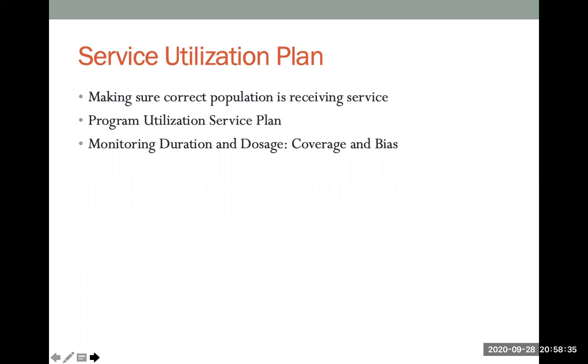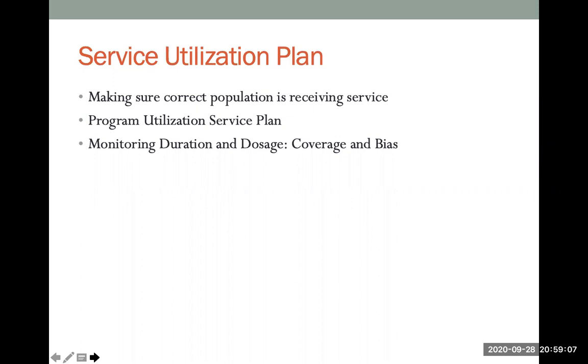And what that means is that we've identified how the program will come in contact with the actual target population. Specifically, how will they be engaged to let them know that the actual program exists? And once we've engaged them, how will we make sure that they maintain in the program itself until they complete the services that the program actually offers, right?